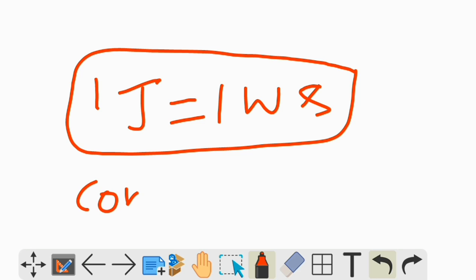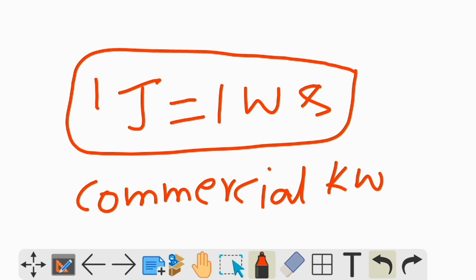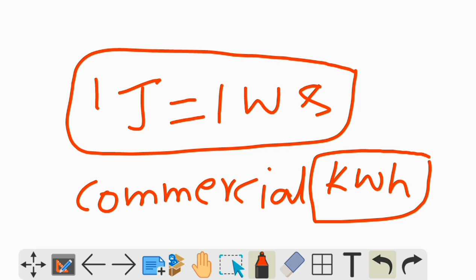The commercial unit of energy is kilowatt hour. Understood? So this is the commercial unit. Now by using this watt second, can you convert into kilowatt hour? Yes, we can convert. How do we convert?